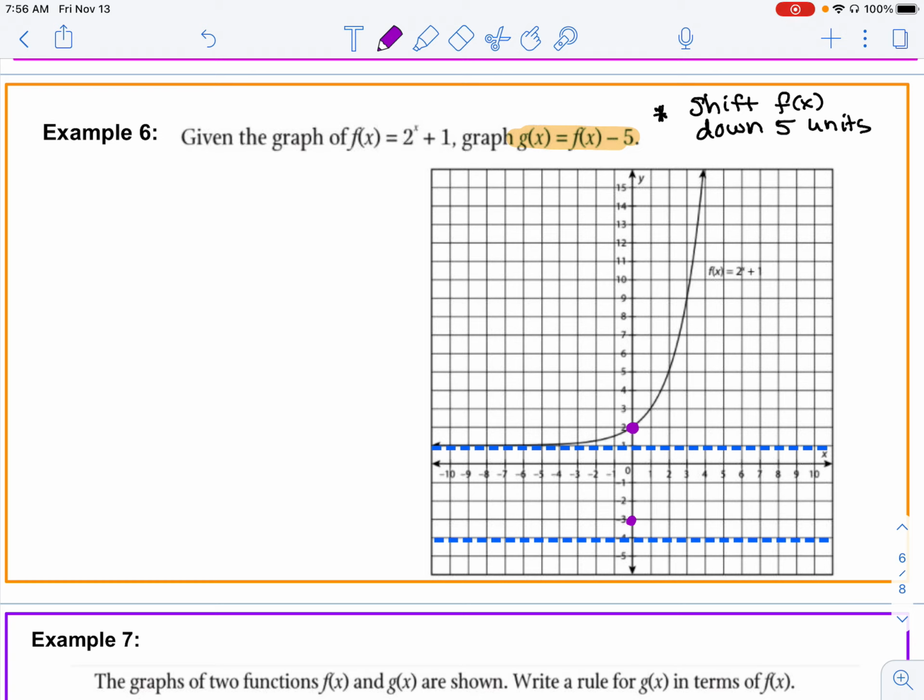up at -3. If I look at this ordered pair, this is at 2, 9. So I'm going to move that down 5 units, so it'd end up at 2, 4. Oh, I'm sorry, that is 3, 9.